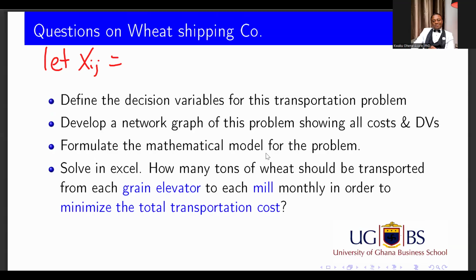Okay, the challenge with trying to mention all the names is that you have a lot to write. The permutations are too many. So you say, let Xij be the number of items, write it down everybody, transported.